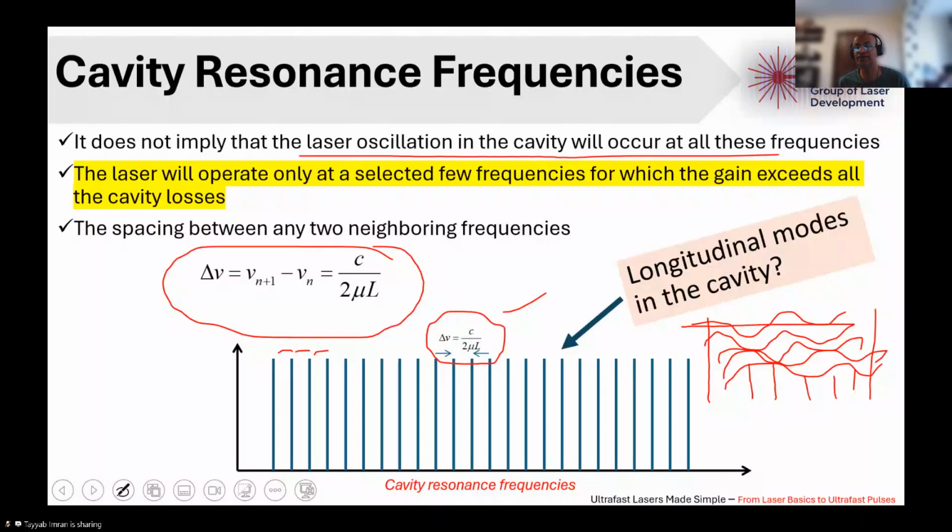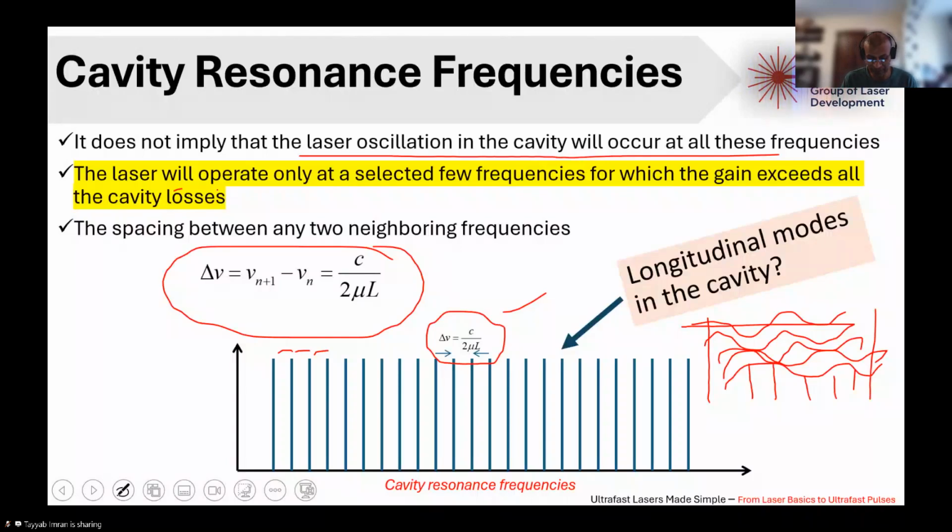And there is another condition: the gain of the gain medium, the laser medium. The gain curve of the laser medium determines how many frequencies will be amplified and oscillating. You will see this in the coming slides.